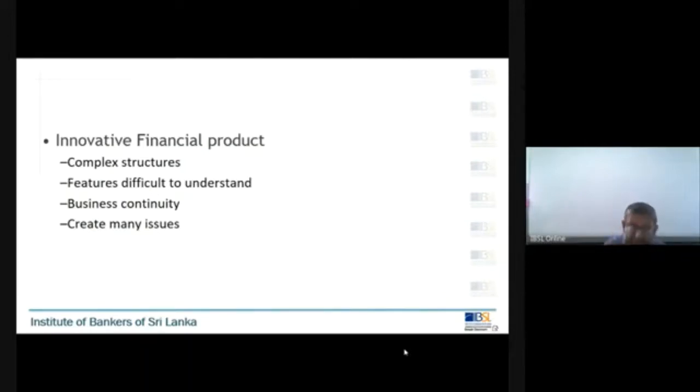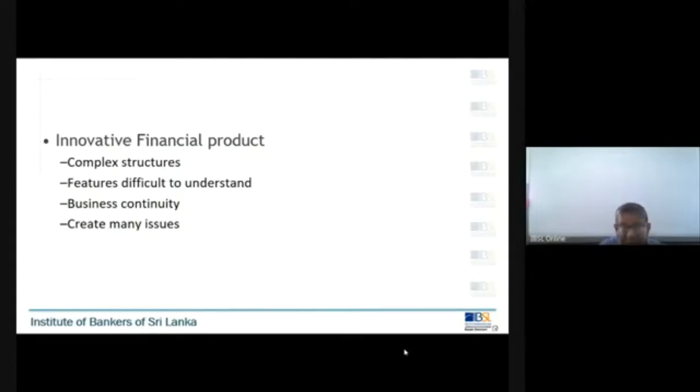Not only that, remember that some of these present innovative financial products, introduced by some leading banks in the world, may have resulted in bank crises. For example, securitization, a very innovative product, very familiar in the US market, but that product failed.